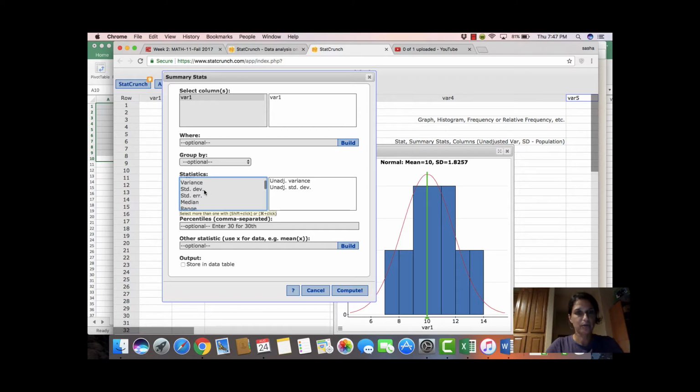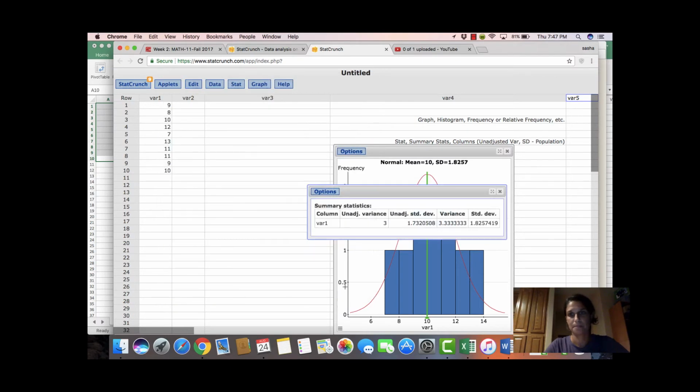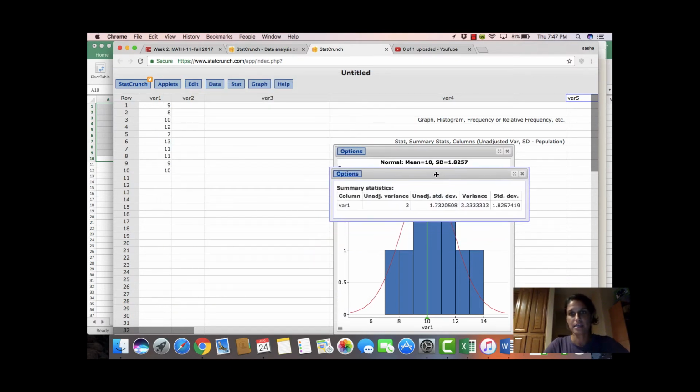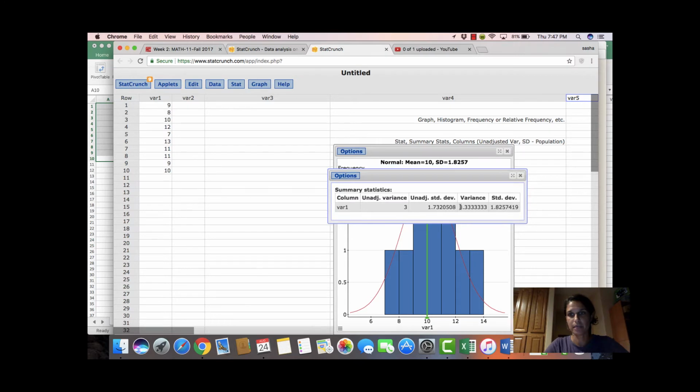And for the sample, it's just the variance and standard deviation. So we have sigma squared, sigma, S squared, and S. And you can see on my chart here, it's giving me the sample mean and the sample standard deviation as opposed to the population mean and population standard deviation.